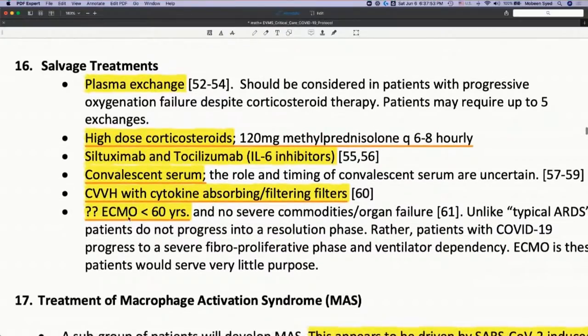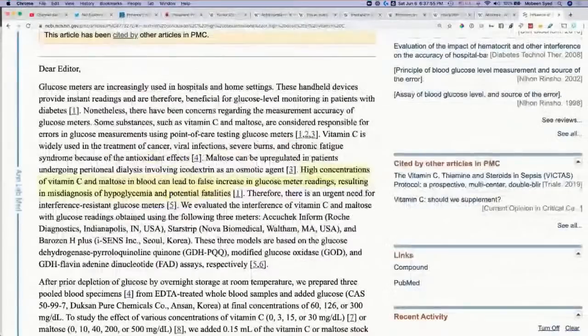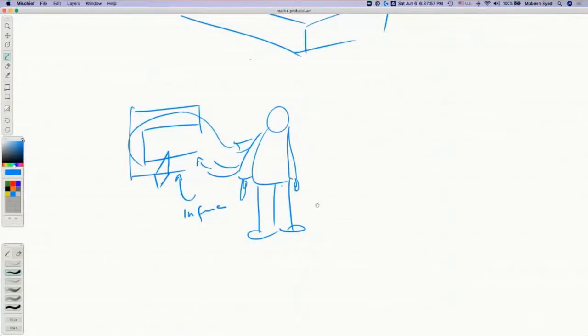And finally, ECMO. ECMO is where they would take, again, from the same patient, let's say, they'll bring the blood out and they would oxygenate the blood inside that machine and bring the blood back. Here, the machine also acts as a heart.